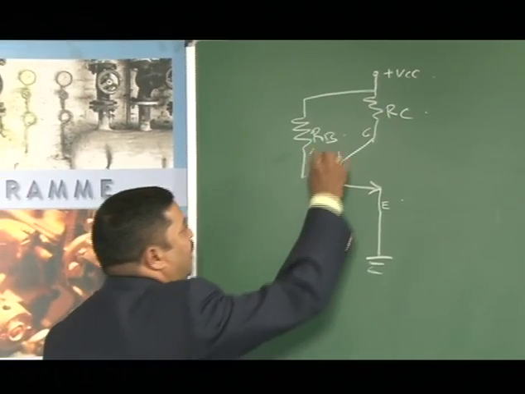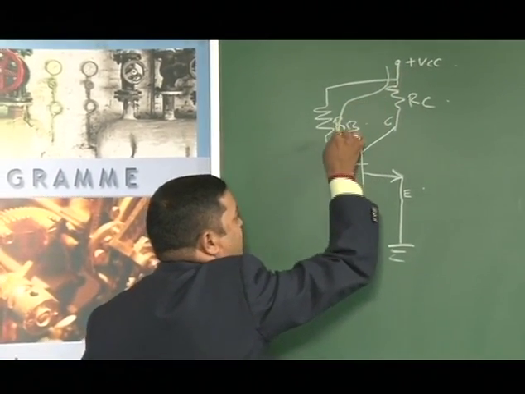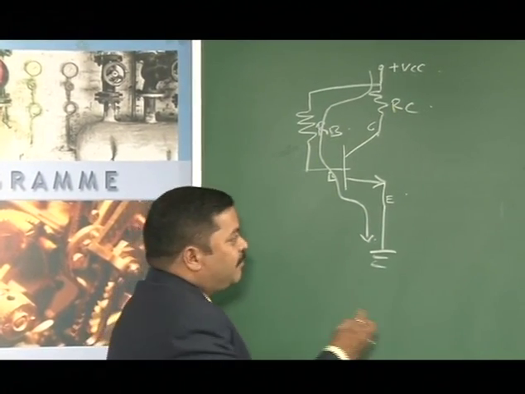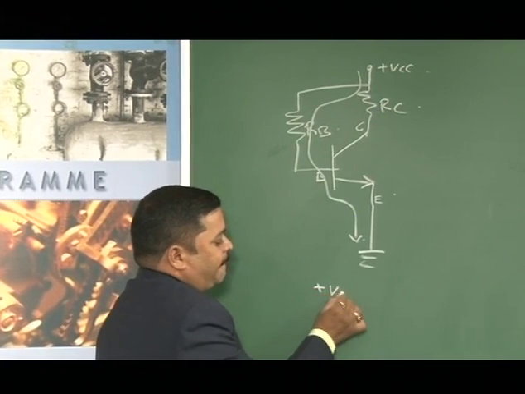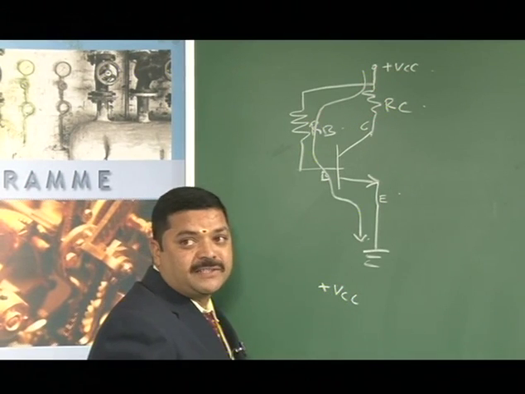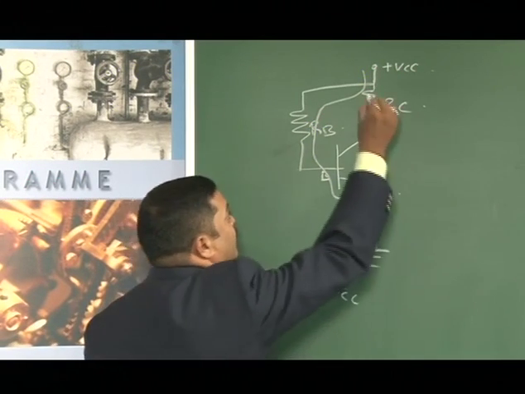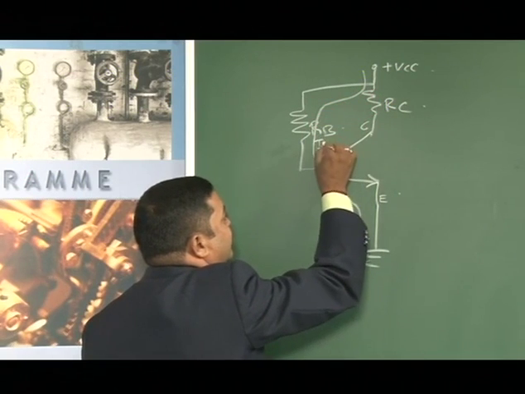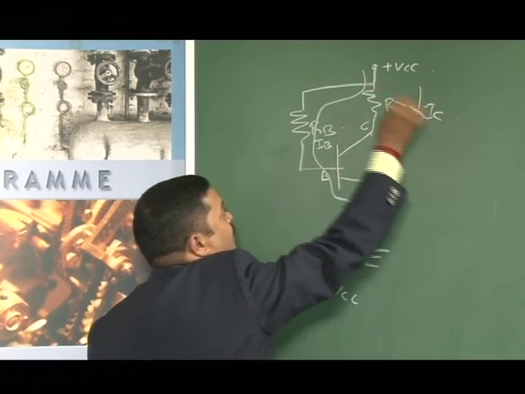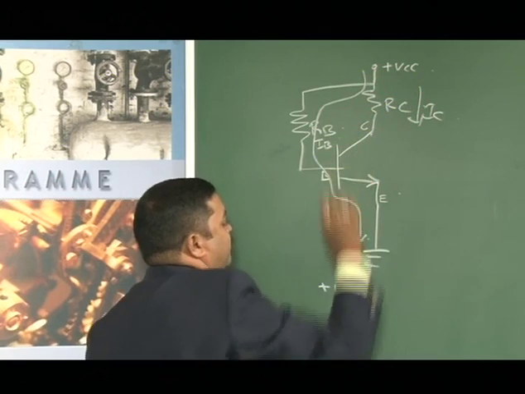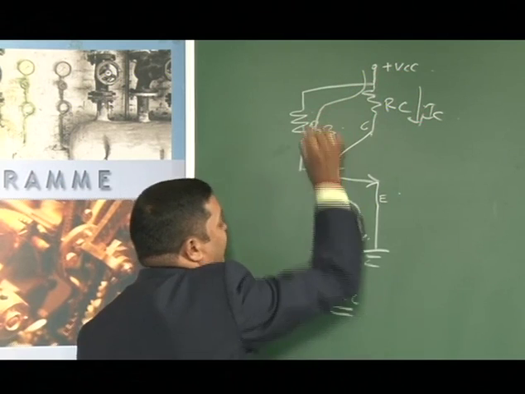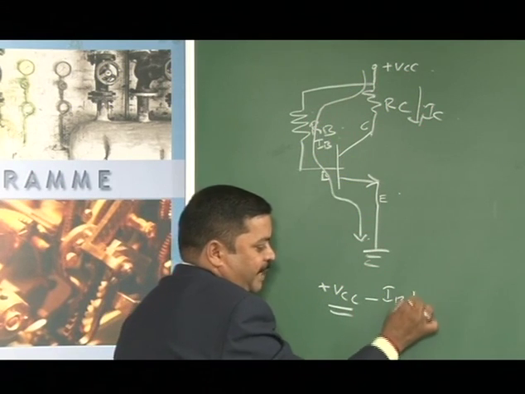When we apply Kirchhoff's voltage law to the base emitter loop in this direction, we get plus VCC, taking minus to plus as positive and plus to minus as negative. Here the current is going in this direction, IB, and IC is going in this direction. So, plus VCC minus IB into RB.